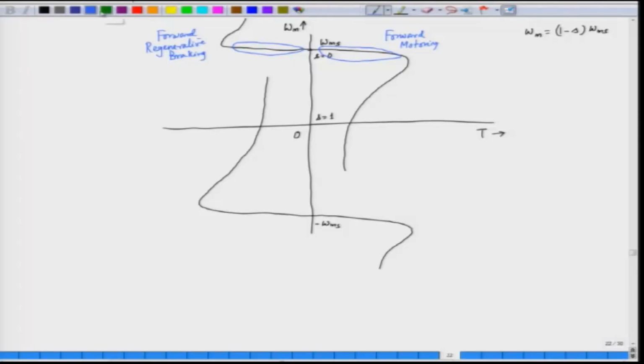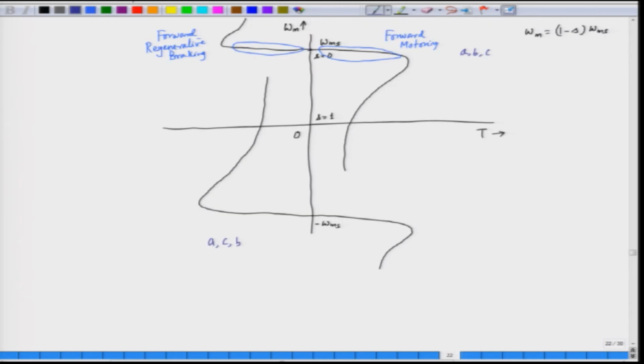Now, if we change the phase sequence of the motor, suppose the phase sequence in this case is A B C. Now, if we make the phase sequence A C B, we change the direction of the rotating field.